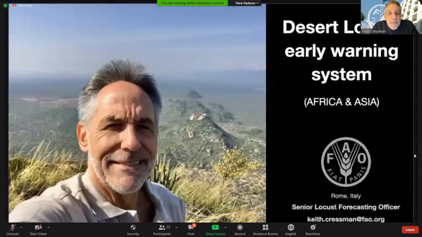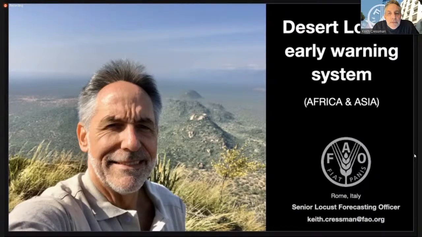I want to spend the next few minutes explaining to you about a different early warning system in a different part of the world. This is an early warning system that addresses the desert locust in Africa and Asia. Fortunately, in South America you don't have the desert locust, you have some of its cousins, which aren't quite so dangerous, but we have the most dangerous of the migratory pests, called the desert locust.